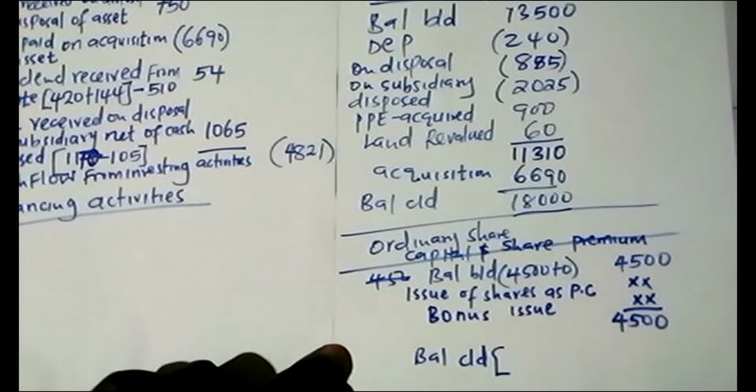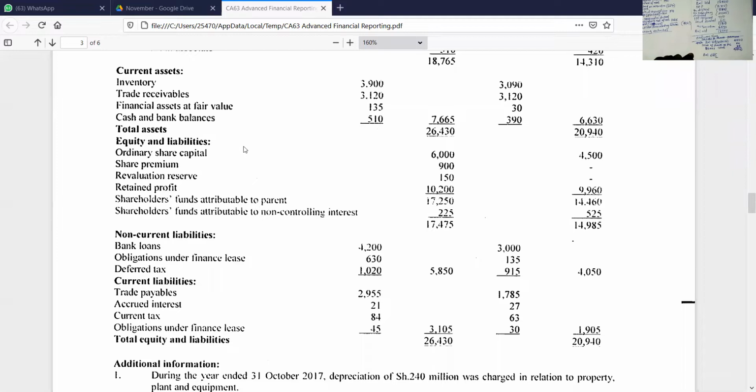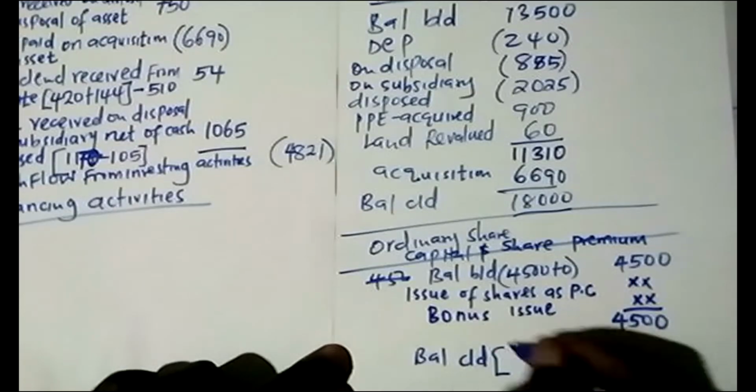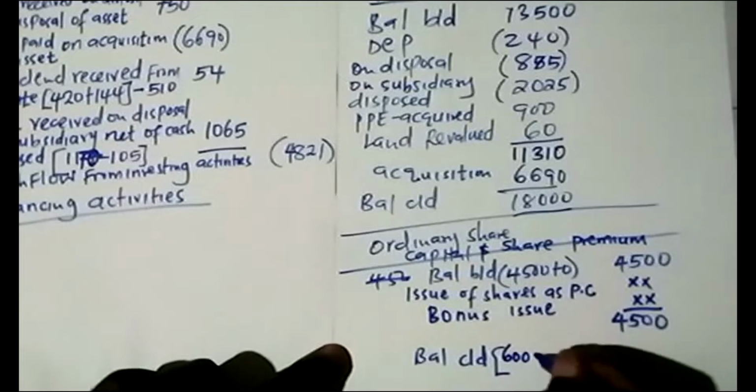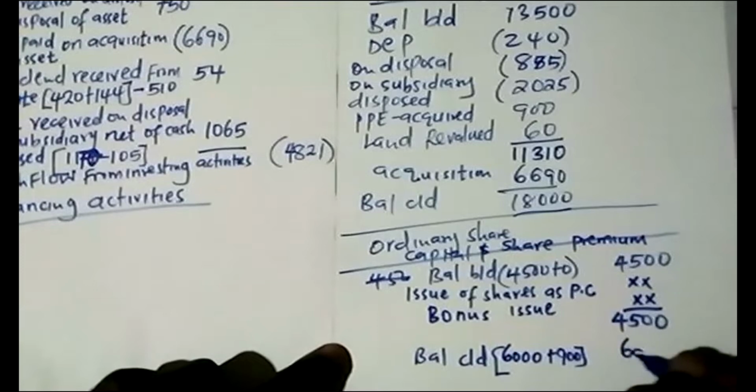I will compare with my balance carried down. So the balance carried down in this scenario, I would take ordinary share capital of 6,000 and share premium of 900. So the 6,000 plus 900 is 6,900.